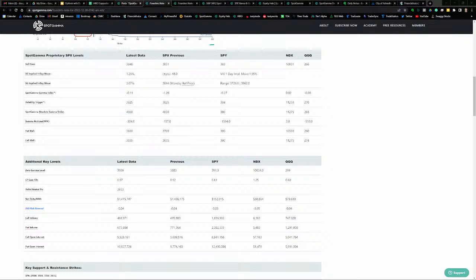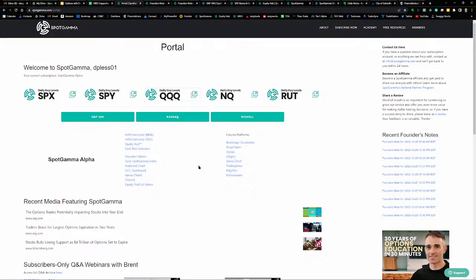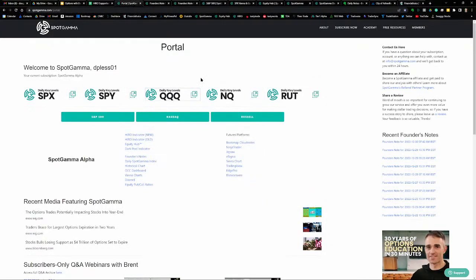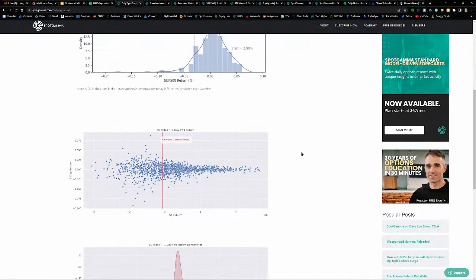Just to illustrate that, let's take a quick look at this. I was looking at gamma notional, and the Spotgamma gamma index is related to that. As gamma notional moves, so does the Spotgamma gamma index. We can look at this chart right here, and I think we looked at this yesterday, but this helps to explain.